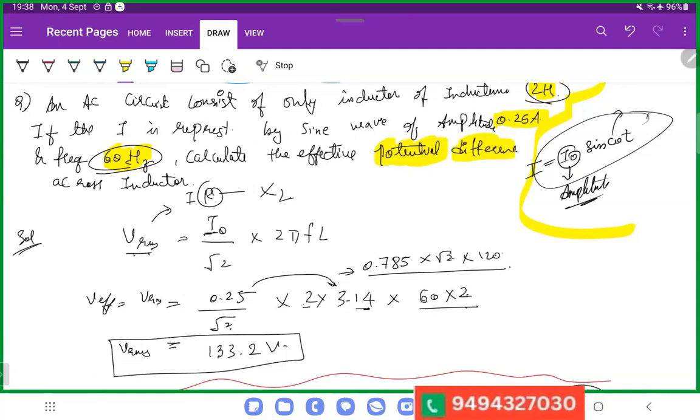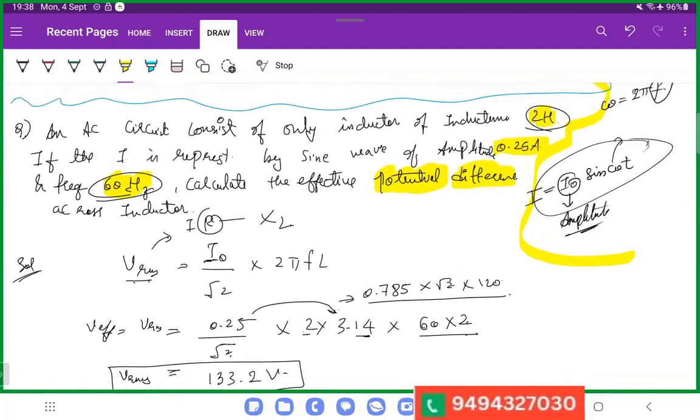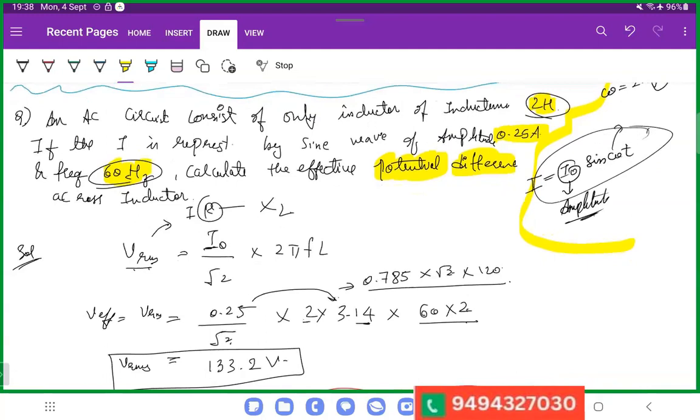Calculate the effective potential difference across an inductor, so we need VL. We would have the VRMS value, but here they have mentioned amplitude. If they don't mention it, that is the VRMS value. But since they mentioned it, we use it as amplitude, meaning the peak value of the current.